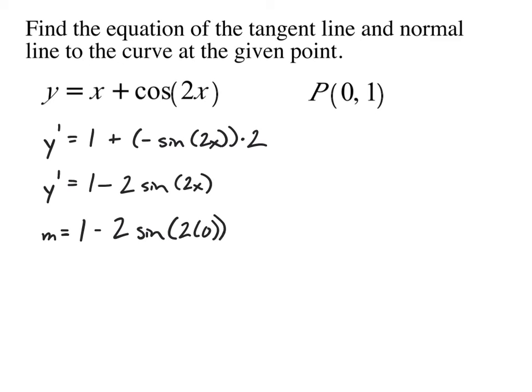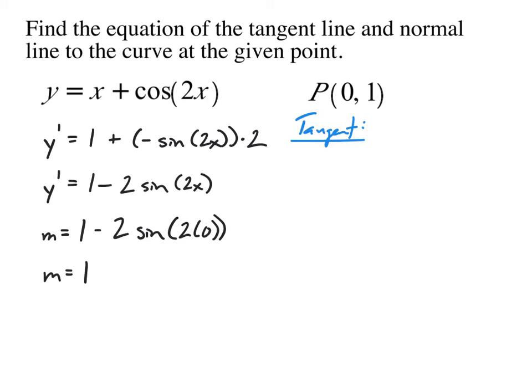All right, so notice then we're going to be doing sine of 0. What is the sine of 0? It is 0. And so then this whole term here becomes 0. Therefore, slope equals 1. Now remember, that slope is the slope of the tangent line. So then to find the tangent line equation, let's go ahead and label that as tangent here.